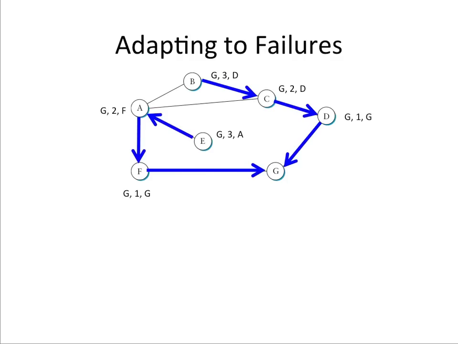Okay. So let's think about failures in the last few minutes we have. Let's say this link fails. Should the routing protocol know about this failed link? Yes, because potentially there is a path that goes through that link, right?